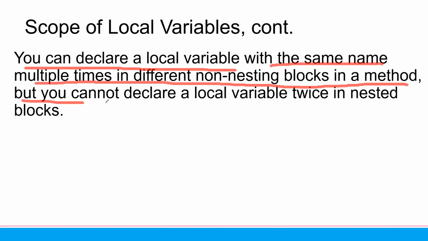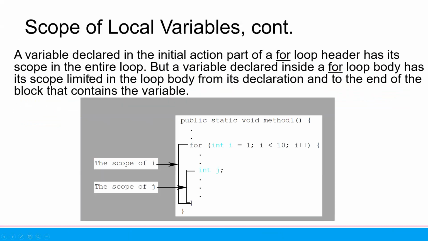But you cannot declare a local variable twice in nested blocks. Okay, so what does it mean? Let's see this example. What does it mean by nested blocks?